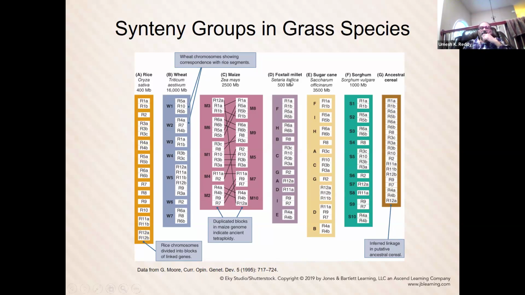Foxtail millet, sugarcane. Sugarcane chromosomes are designated A, B, C, D, E, F, G. So each chromosome again can be related to rice. You see? So what this indicates, folks, is that all these grass species once upon a time had a common ancestor, and that common ancestor broke into different species.